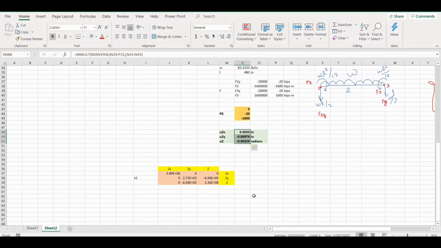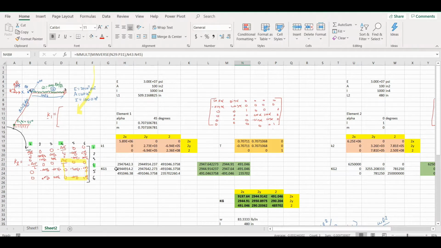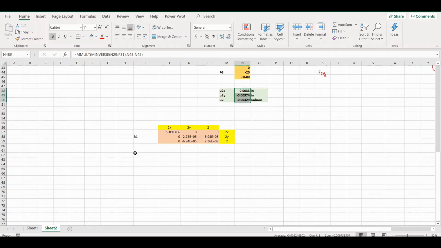To find the forces which are acting at the ends of element 1 locally, we have to change this solution into local displacements, because this stiffness matrix is based on the local axis. To equate this and this, we have to find the components in the local axis of element 1.